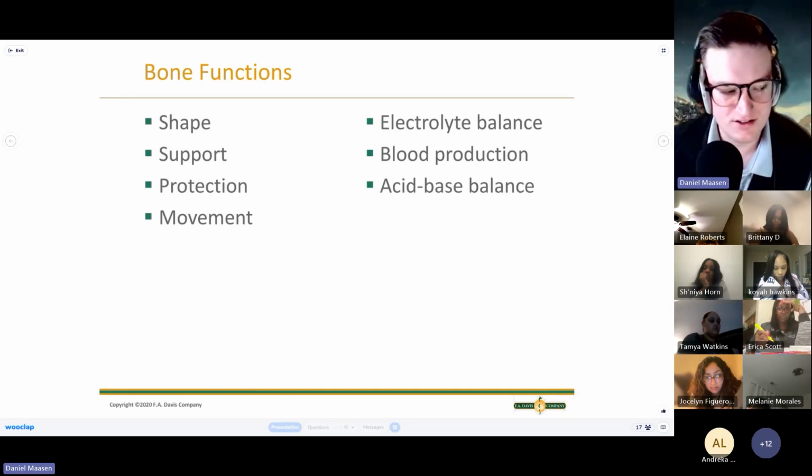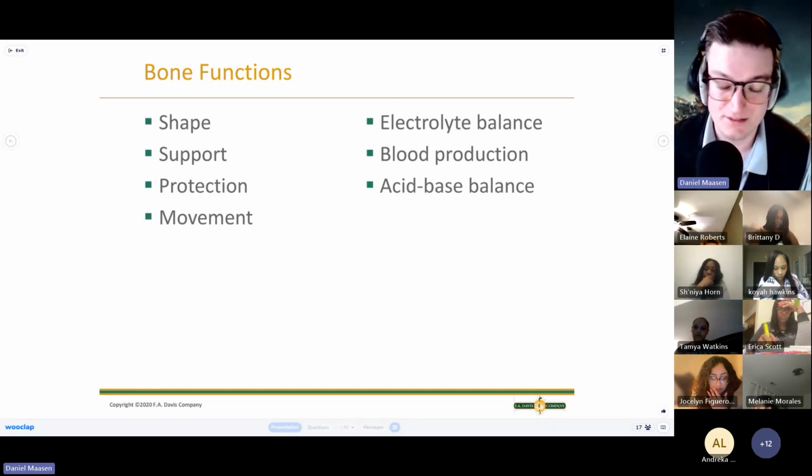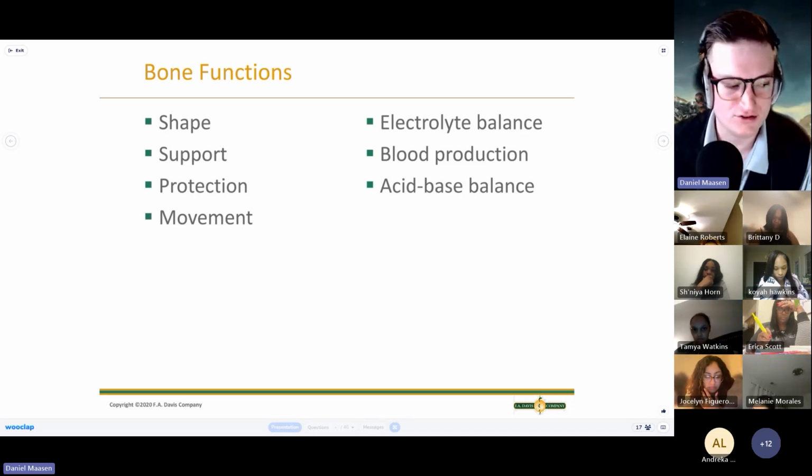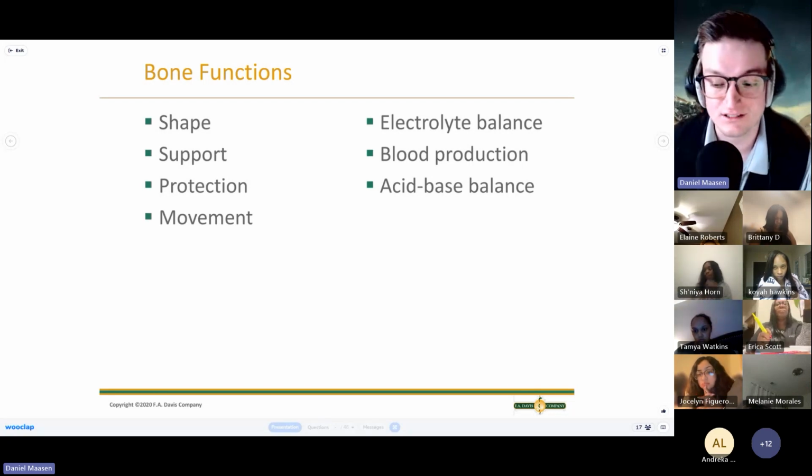Electrolyte balance. Most of us think of electrolytes like potassium, but it includes all of those guys: potassium, sodium, calcium, phosphorus. Calcium and phosphorus are what our bones are made of. Our bones are a high percentage of calcium, and most of you know that, right? Because you've all heard growing up, if you break a bone, someone says you should drink more milk, because milk has a lot of calcium in it.